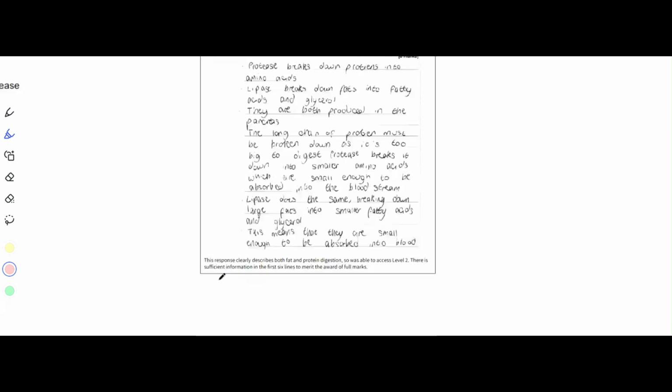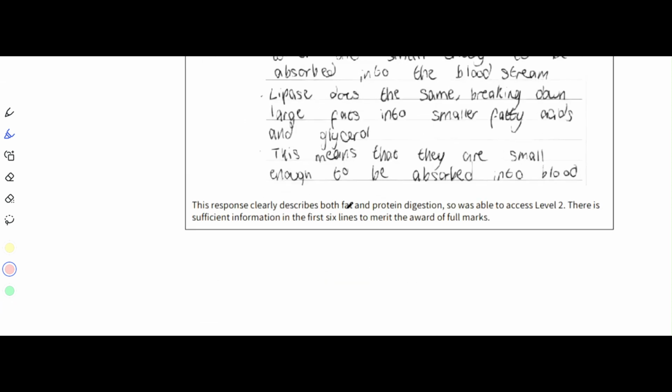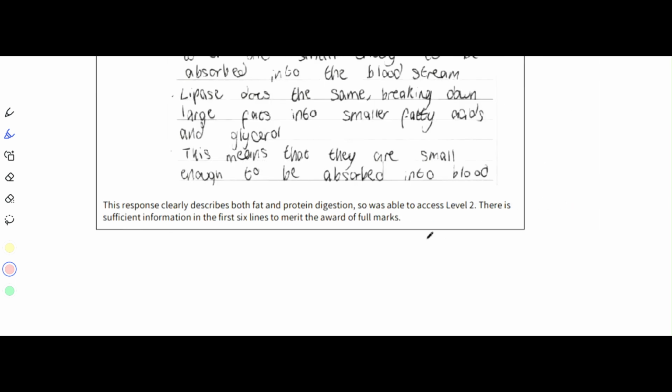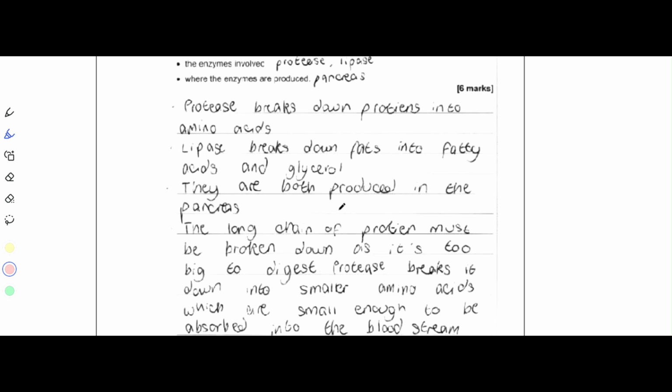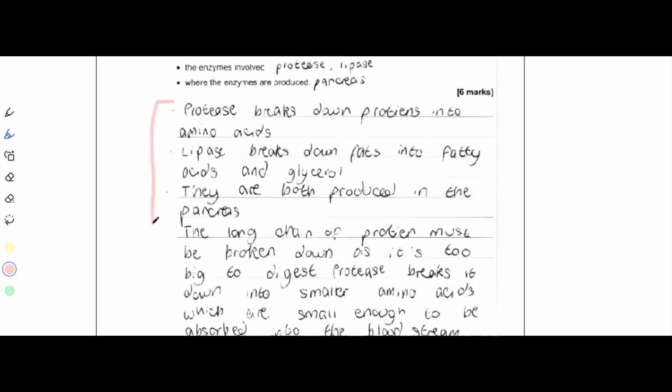Now, the examiner report says this response clearly describes both fat and protein digestion, so it was able to access level 2, which is 4 to 6 marks. There is sufficient information in the first 6 lines to merit the full award of marks. So even just saying this much, they said that is enough to get 6 marks.